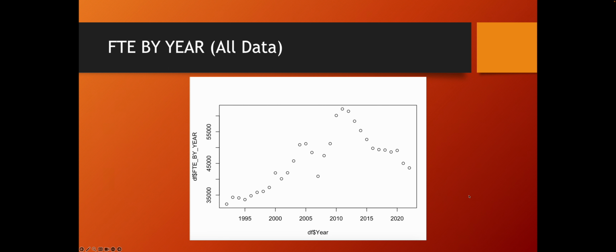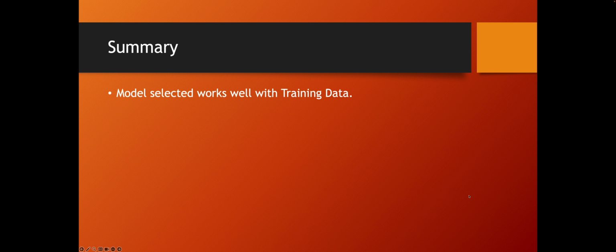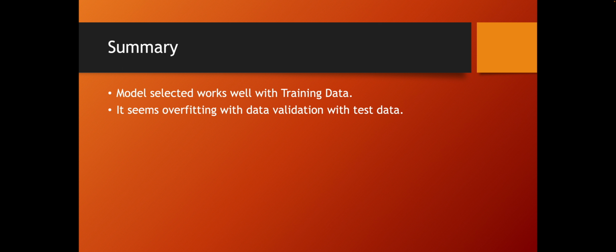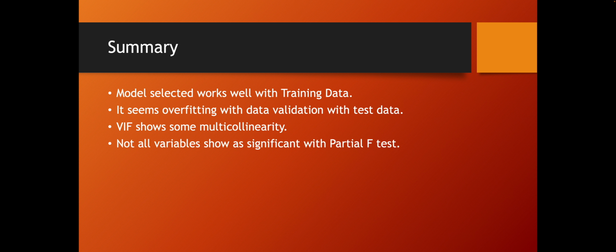This gives me a summary that the model worked well with the training data, but it's overfitting with the test data. The VIF also shows some multicollinearity between regressors, and not all variables show as significant with the partial F test.